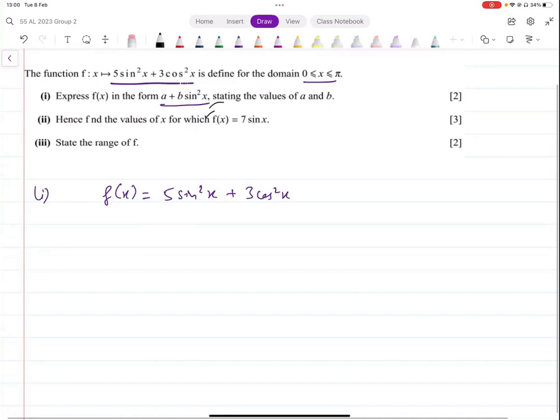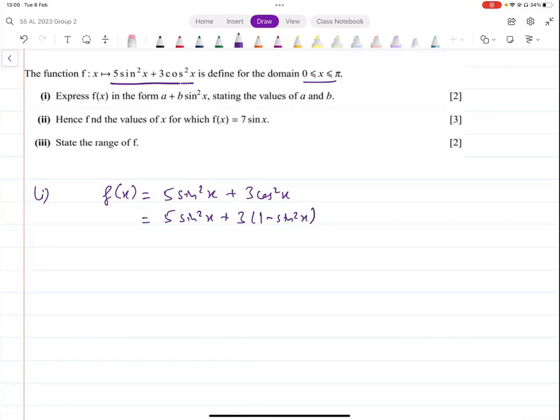Sin square में convert करना है, तो आप क्या करेंगे? सिर्फ cos square की जगह लिख देंगे 1 minus sin square. So you have 5 sin square x plus 3 into 1 minus sin square x, and that gives us 5 sin square x plus 3 minus 3 sin square x, and that is 3 plus 2 sin square x in that form. उसने कहा था. ठीक है? So we're done with that.